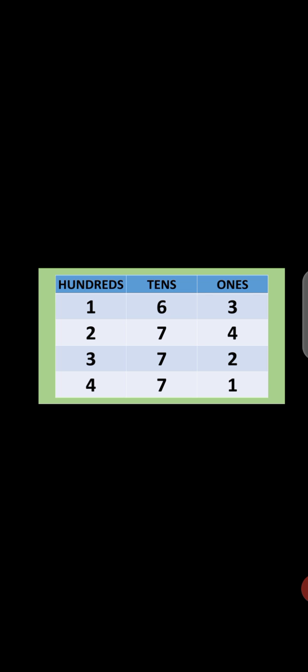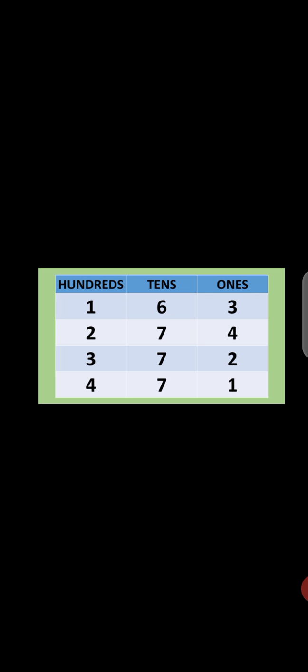Now next, 372. In 372 there are 2 ones, 7 tens and 3 hundreds. So the place of 2 is ones, the place of 7 is tens and the place of 3 is hundreds.